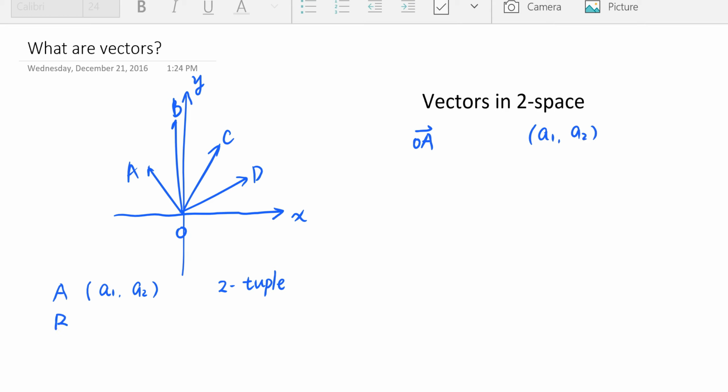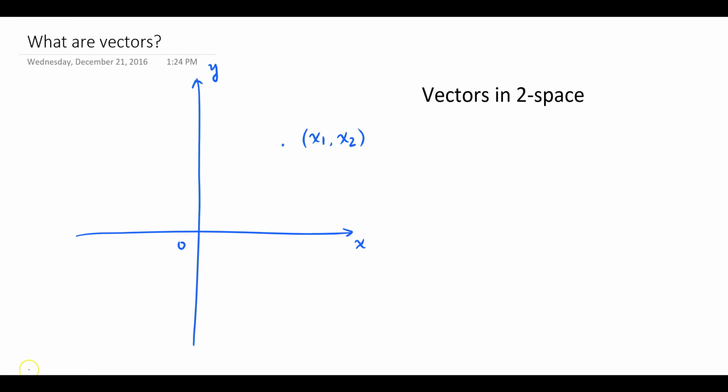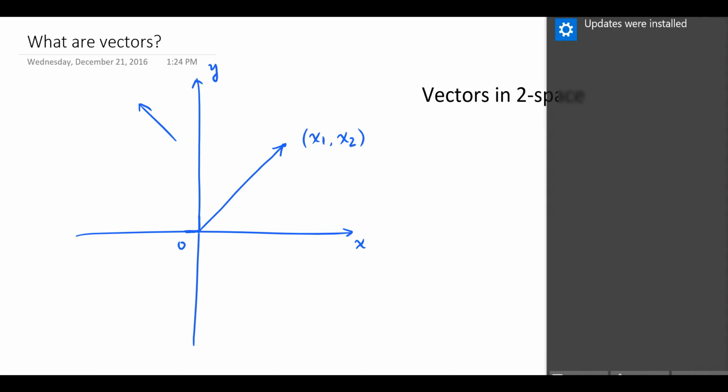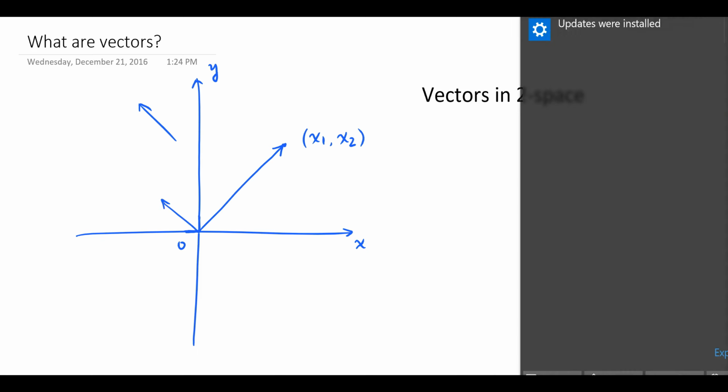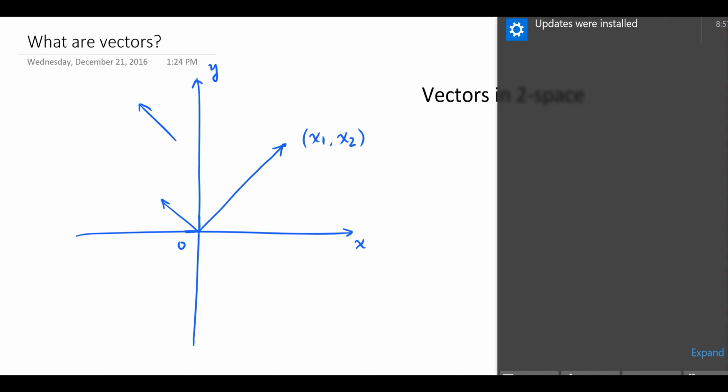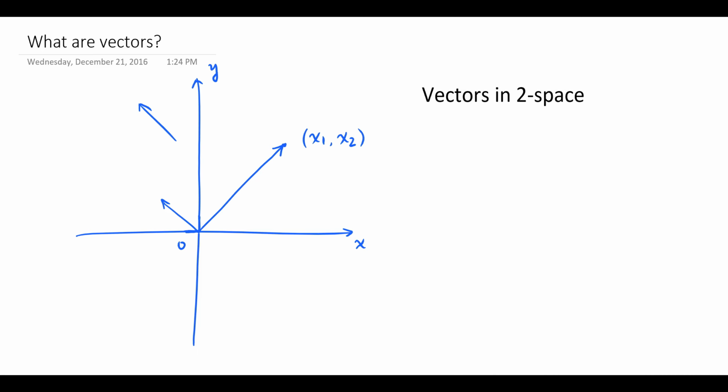Similarly, if the coordinates of point B are b sub 1, b sub 2, then we can represent the vector OB with the two tuple b sub 1, b sub 2. So we see that every point in the xOy coordinate system corresponds to a vector, and every vector in the xOy plane corresponds to a point in the xOy coordinate system once we move the vector to an equivalent vector whose initial point is at the origin.